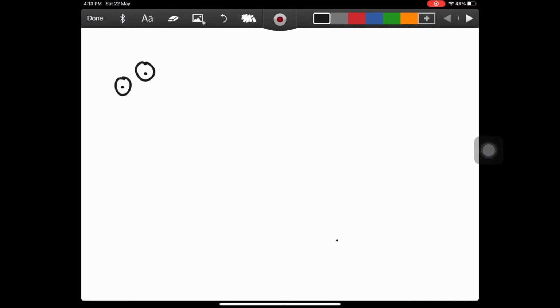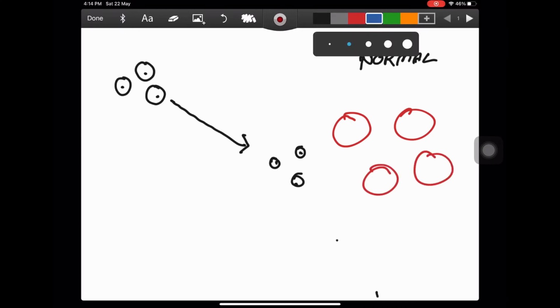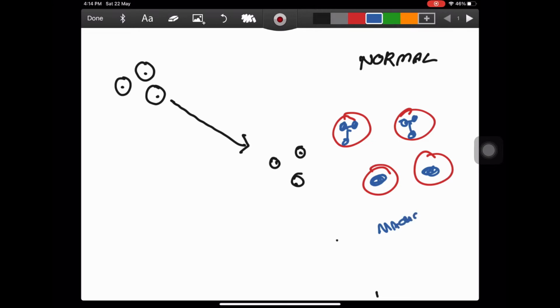Let's draw a pictorial representation of these spores. These spores enter the human body. Once they enter a normal human body, they are attacked like a blitzkrieg by these huge, lethal-looking cells. What are these? These are the macrophages and the neutrophils.